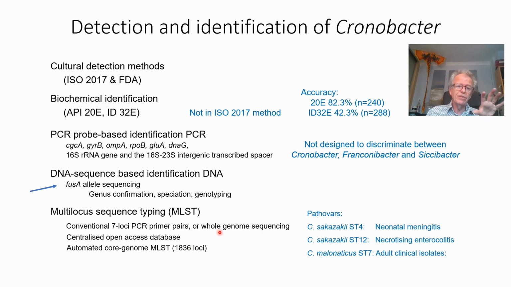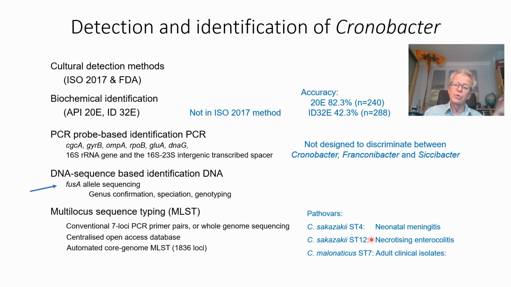The usefulness of the MLST was also that it allowed us to differentiate all these strains into pathovars, and as we'll see in a moment, there are particular pathovars in Cronobacter. The pathovar sequence type 4, clonal complex CC4, are the ones which are more often found in neonatal meningitis cases.